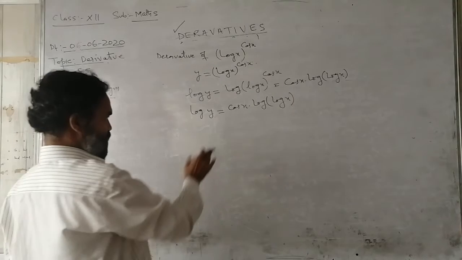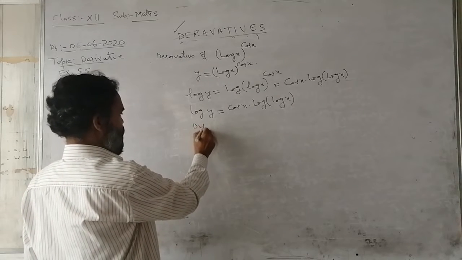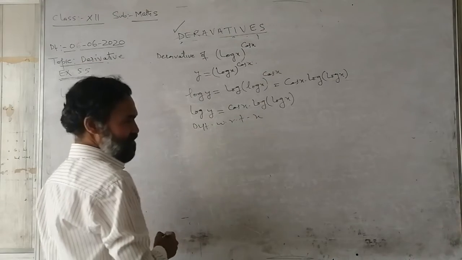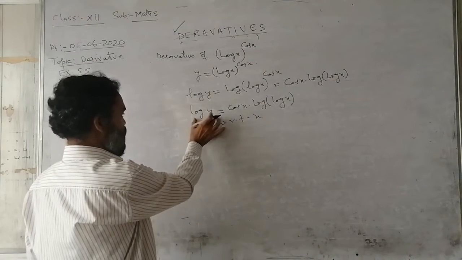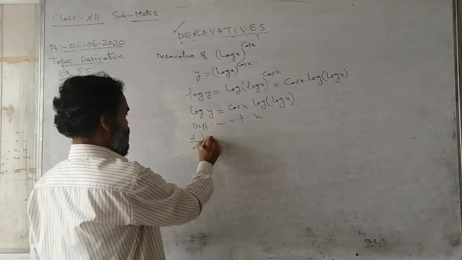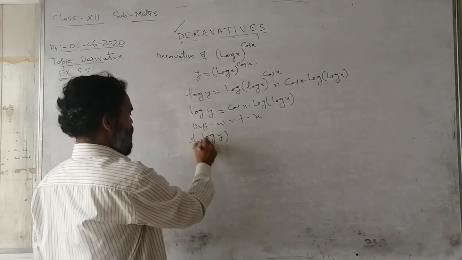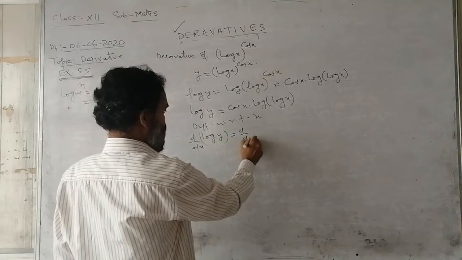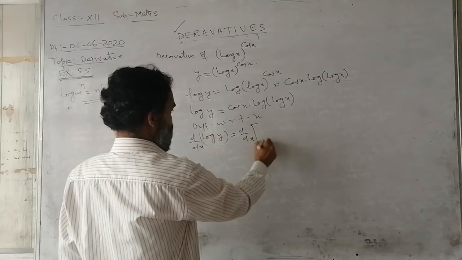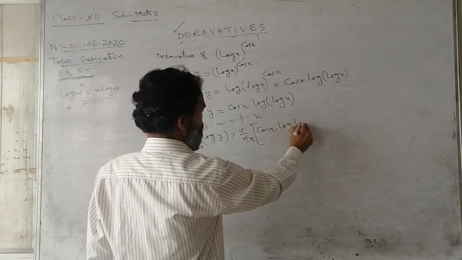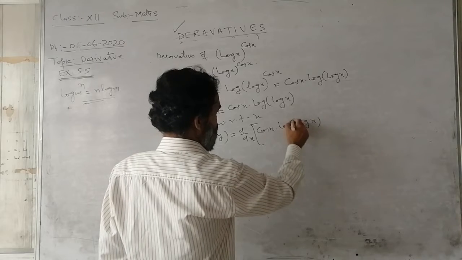Now differentiating both sides, d upon dx of log y equals d upon dx of cos x log x.